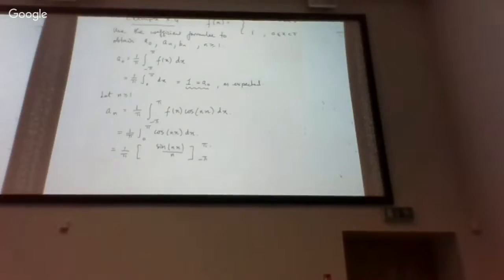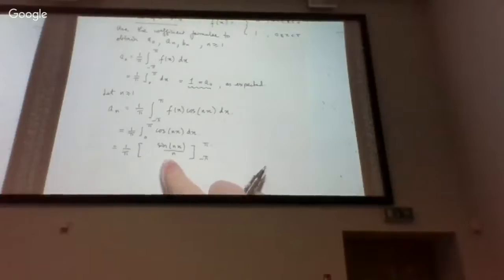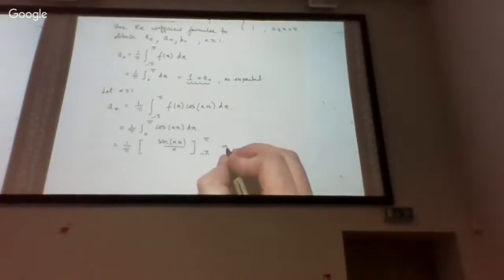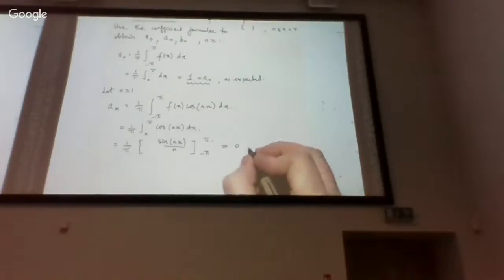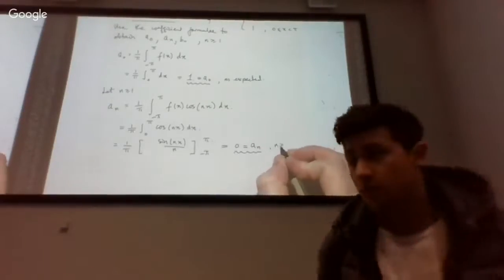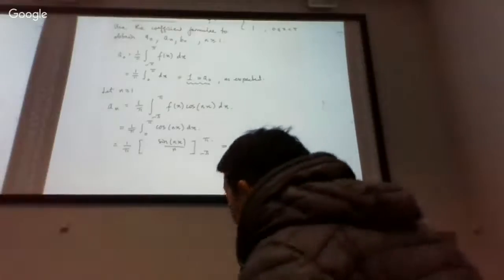When you evaluate the sine function at any integer multiple of pi, you always get 0. So evaluating this square bracket, you're just doing 0 minus 0. So it's just 0. All the An's are equal to 0 for every n bigger than 1. And this is as expected as well.